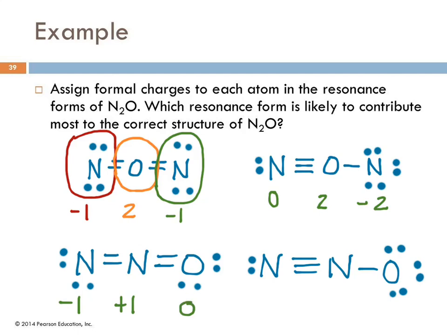So that's the lowest set of formal charges we've had yet, right? And then let's look at this guy. So this nitrogen, how many? That one's 0. And this one in the middle? +1. And the oxygen? -1.